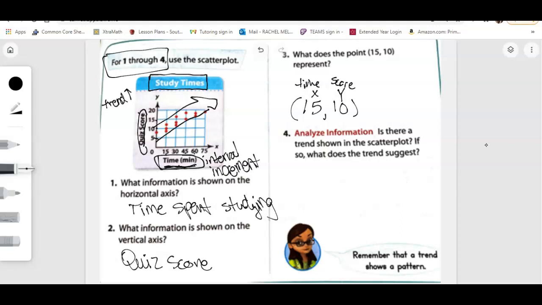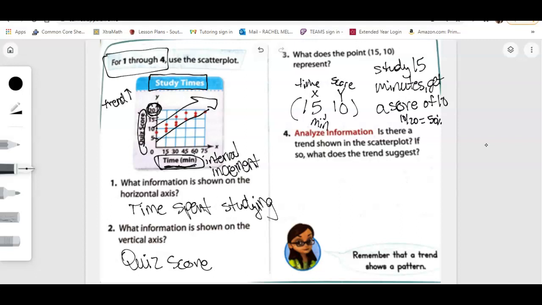So what that means is that if I study for 15 minutes, I get a score of 10. Now I'm assuming since 20 is the very top score, then that would actually be sort of like a 50 because 10 out of 20 would equal 50%.